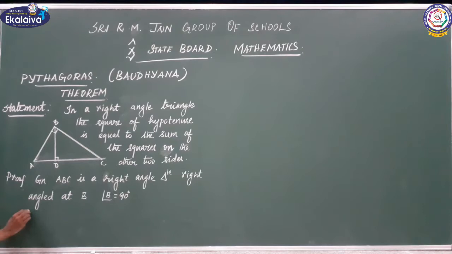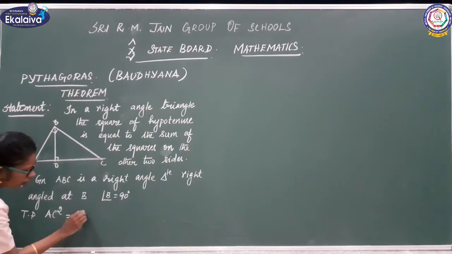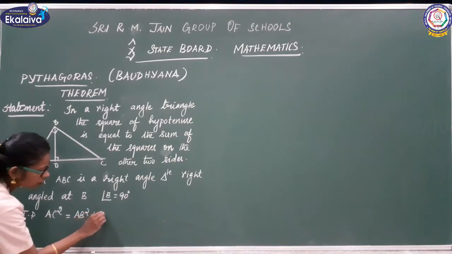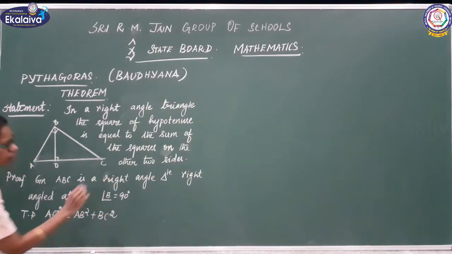What we want to prove? To prove: AC square, that is square of the hypotenuse, opposite to 90 is hypotenuse, right? AC square equal to AB square plus BC square.